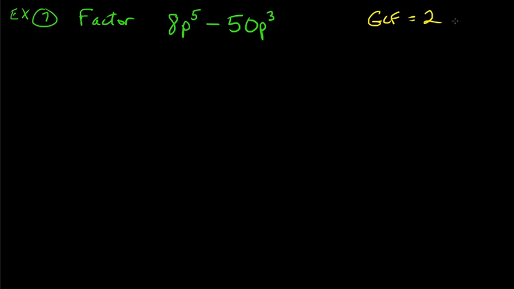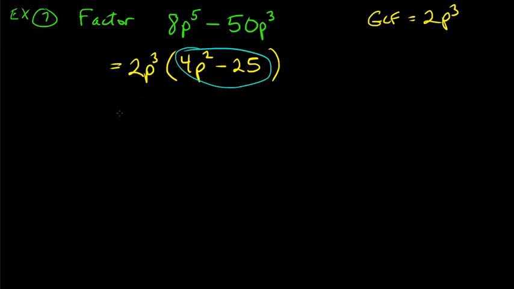I think it's just 2p to the 3. So we'll factor out 2p cubed, leaving you with 4p squared minus 25. I think that's it. So that's the GCF. And now we just have to factor what's in the parentheses, the 4p squared minus 25.